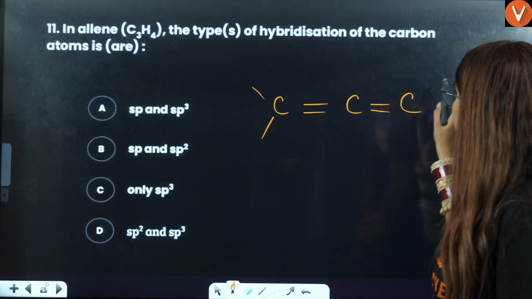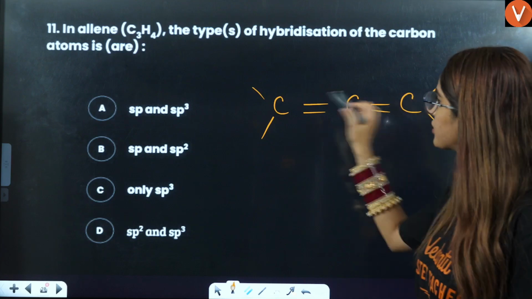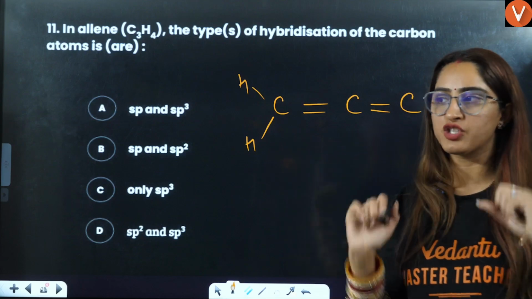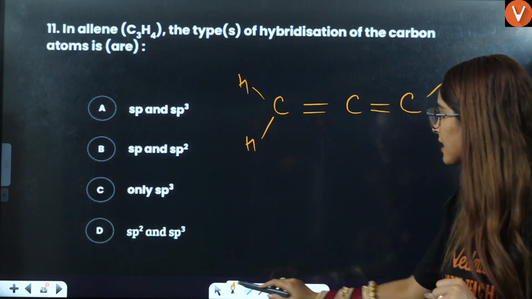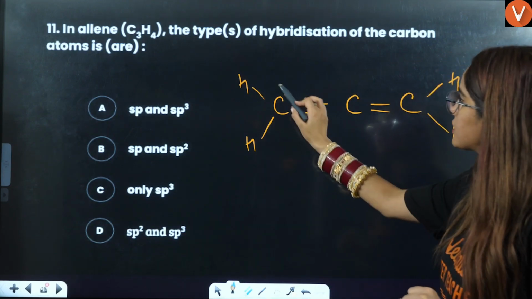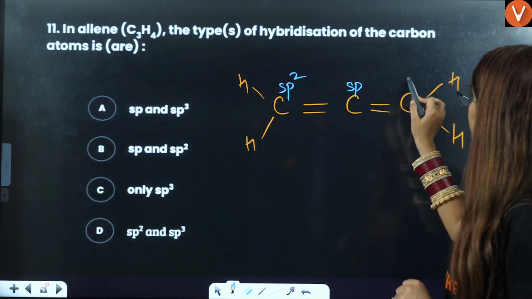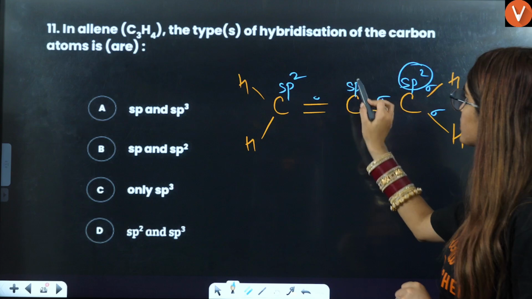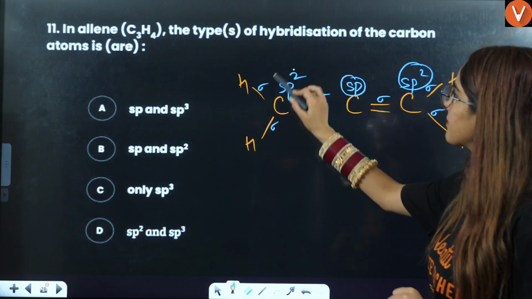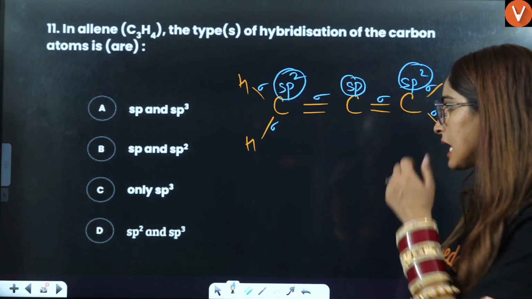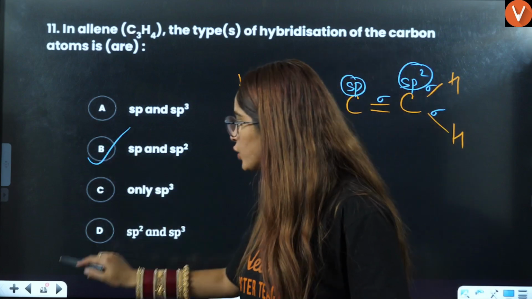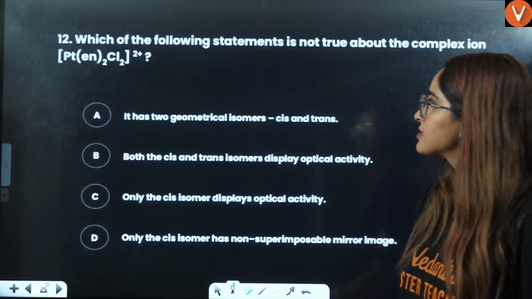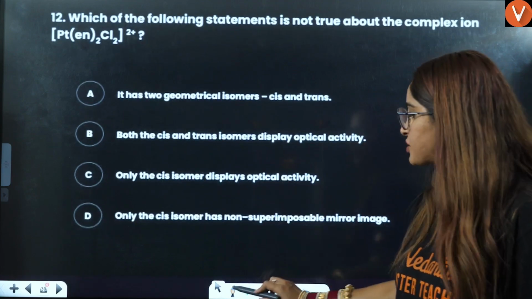Here you have double bonds, and these two double bonds are on perpendicular axes with each other, with H on the ends. This carbon is sp2, this is sp, and this is sp2, because it has 3 sigma bonds, which is sp2, 2 sigma bonds, which is sp, and again 3 sigma bonds, which is sp2. So the answer is it has sp and sp2 hybridization. Those who don't know what allene is won't be able to answer this. It's a very easy, good question, right?